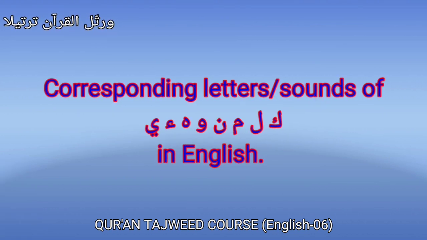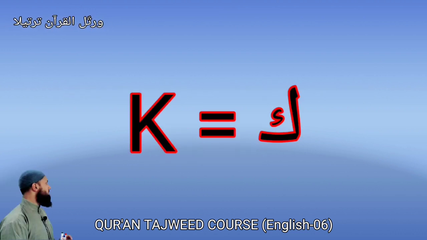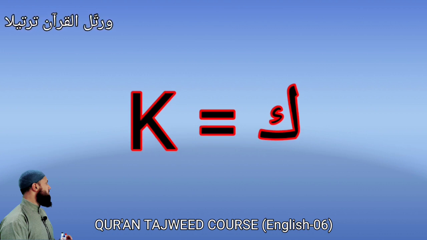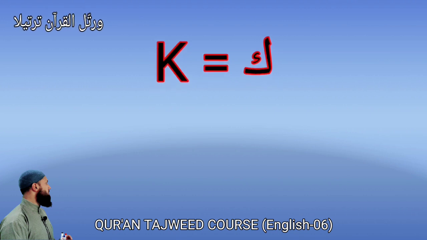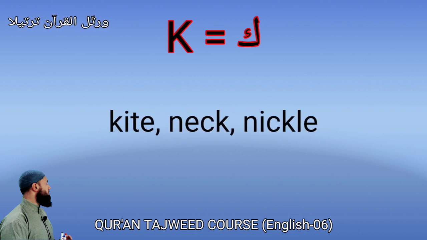Now let's see the corresponding letters or the corresponding sounds of these 8 letters in English. Kaf corresponds to the letter K in English, and it is articulated exactly the same way as the K sound in these English words: kite, neck, nickel.